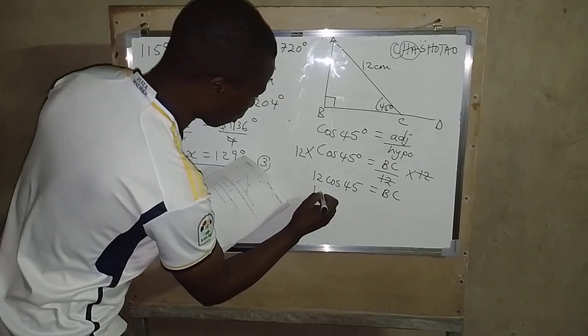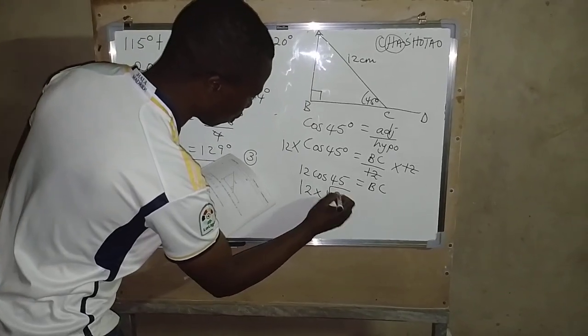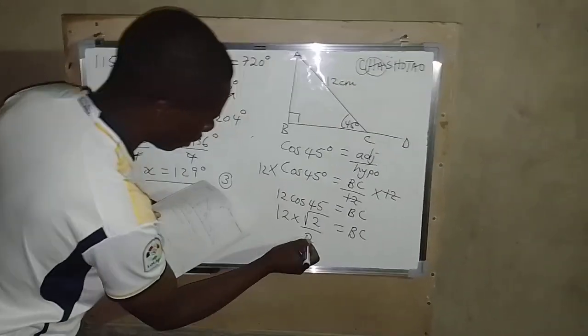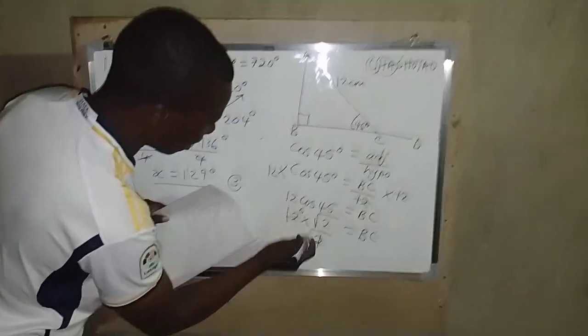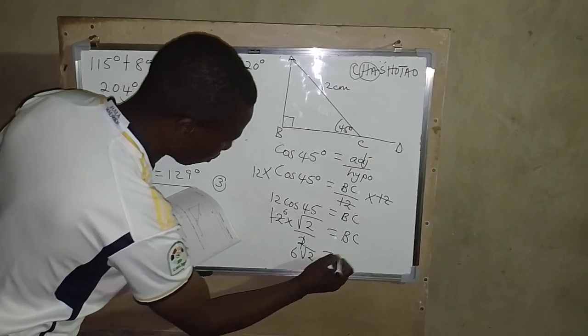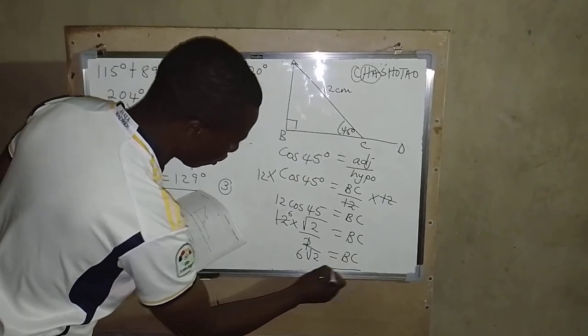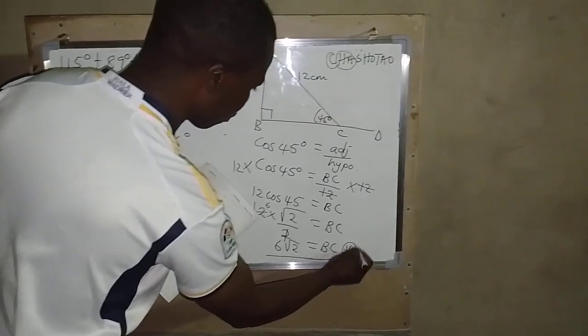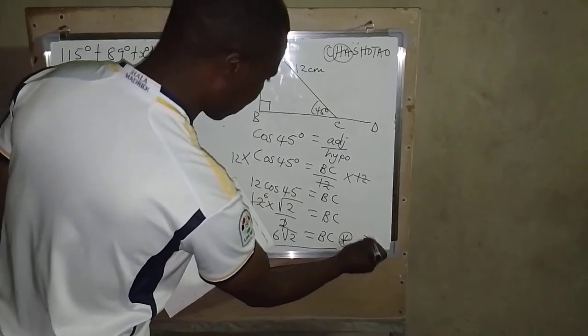So this now becomes 12 times root 2 all over 2 is equal to BC. Then 2 into 12 is 6. 6 times root 2 we get 6 root 2 equal to BC. So BC is 6 root 2 for 2 marks.